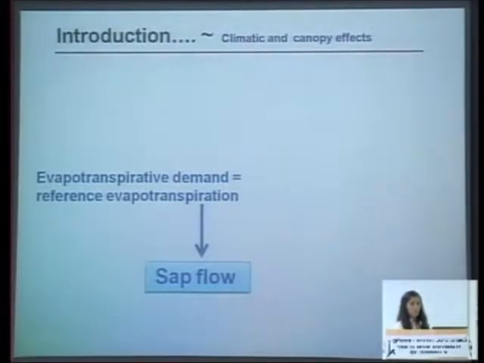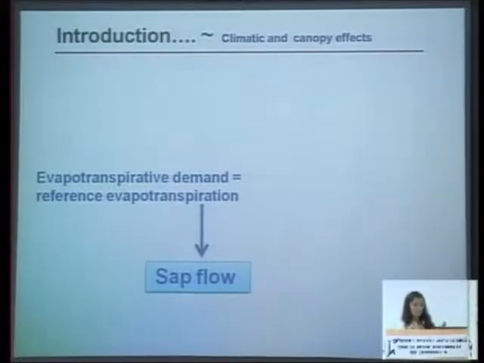So we have to understand the climatic phenomena, the climatic and canopy effect during the entire season of the growing period, because, as you know, the nectarine is a deciduous fruit, and in the beginning of the season there will not be leaves, and then there is high fruit and leaf growth simultaneously.